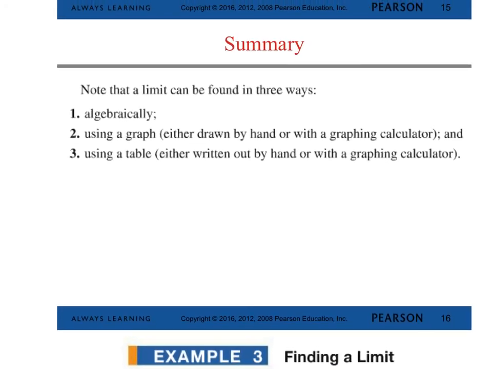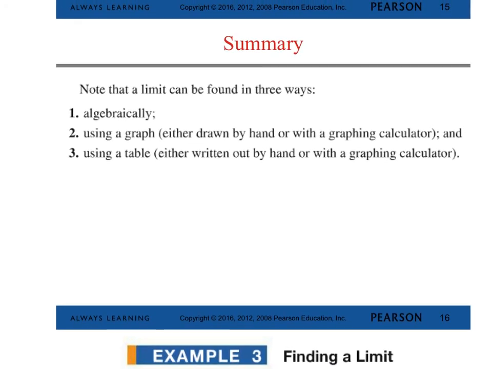So in summary about the limits, notice that a limit can be found 3 ways. You can find it algebraically by factoring and making a simpler function. You can find it by using a graph, either drawn by hand, which is okay, or with a graphing calculator, which is actually much simpler.